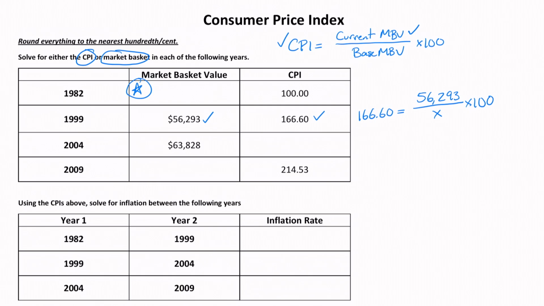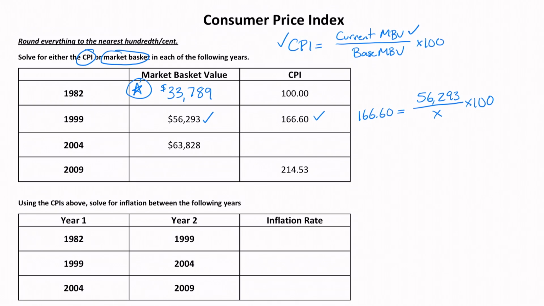Well, we can do some algebra here and work it through, where we divide both sides by 100, and then we isolate x. And what we end up finding is we can solve for that market basket value, and when we round it to the nearest dollar, we find out that it should be 33,789. So now we have that market basket value for that first year, and we can keep going from there.